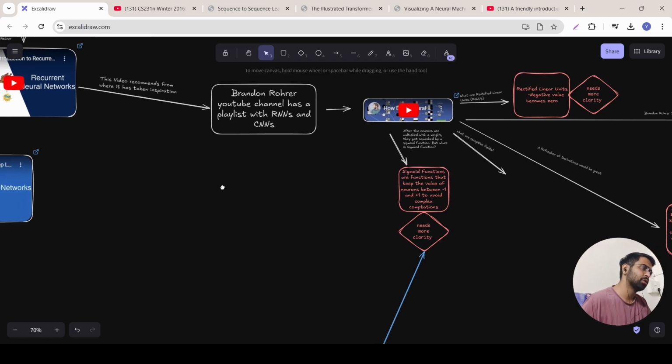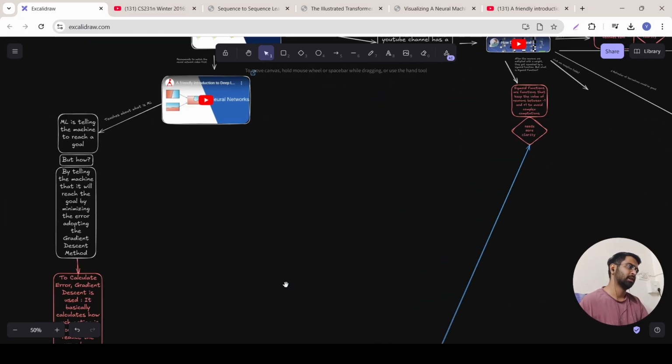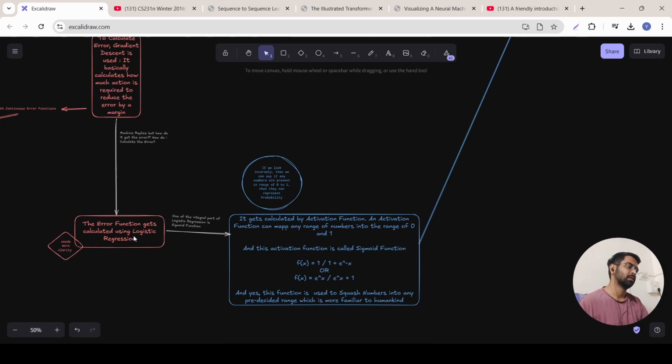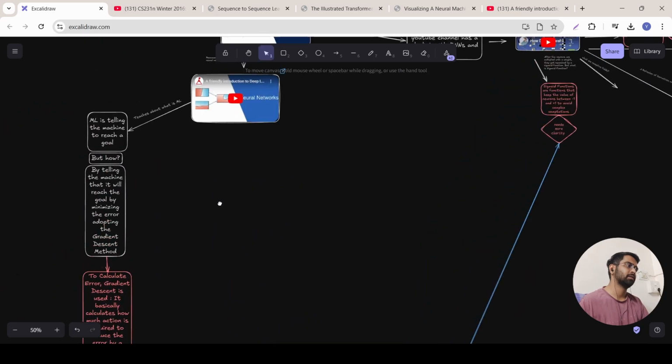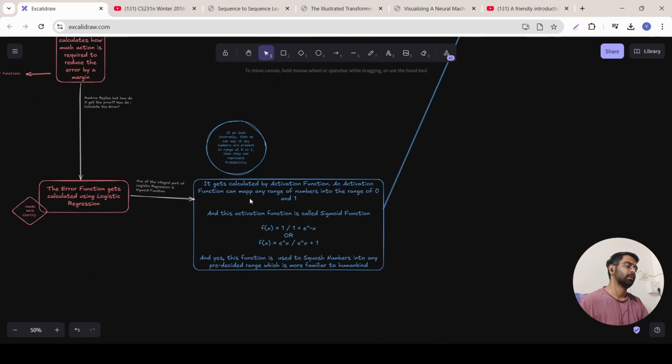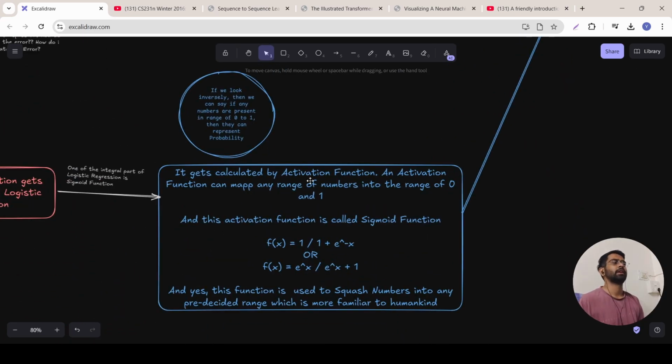That was cleared in this tutorial, where it says that there is an activation function. Why do we need it? Maybe because it gives us a continuous distribution, and that also within the probability of 0 and 1.